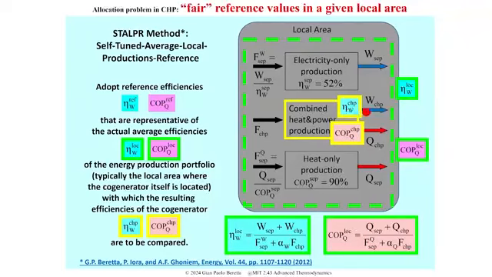So they will tell me how much fuel is behind the work and how much is behind the heat. So I compute the overall efficiency for the heat production and for the work production for the local area.